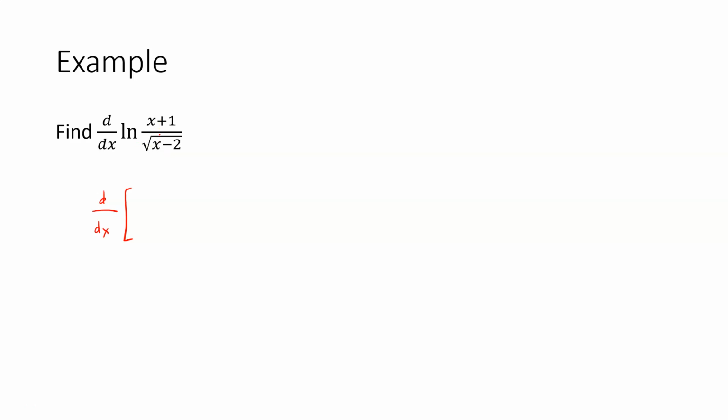In this case, because I've got a quotient inside the logarithm, we can split it up as ln of x plus 1 minus ln of the square root of x minus 2. Right? That's our property of logarithms, that if I've got a quotient ln of a over b, I can write that as ln of a minus ln of b.